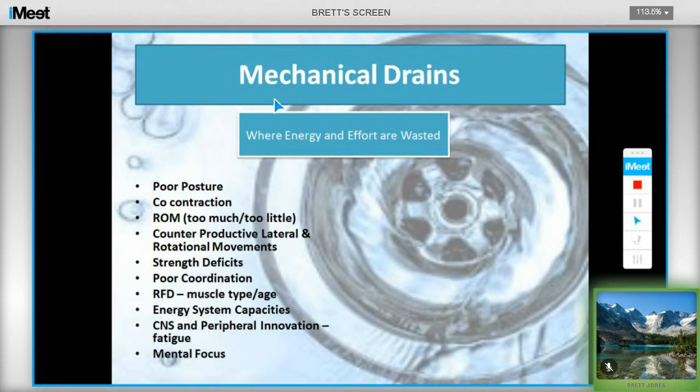It doesn't want to be too placid and floppy and low tone, but we don't want to be overly tight and tense either. Counterproductive lateral and rotational movements are the other things that are really common that we'll see when people move and people run, and we see a lot of rotational movements or a lot of lateral deviation at the hip in single leg stance, and these things create energy and effort being utilized in an opposite direction to forward momentum or forward movement.